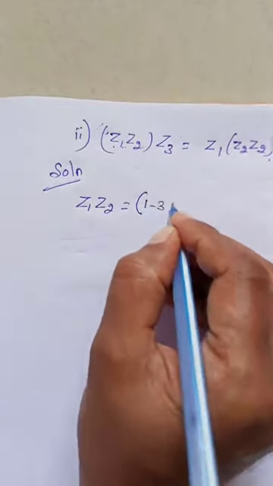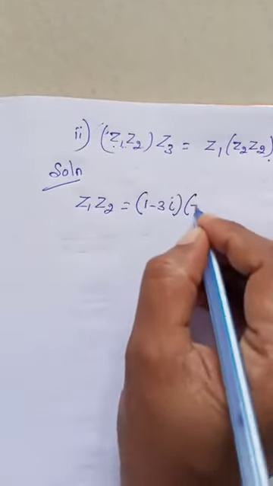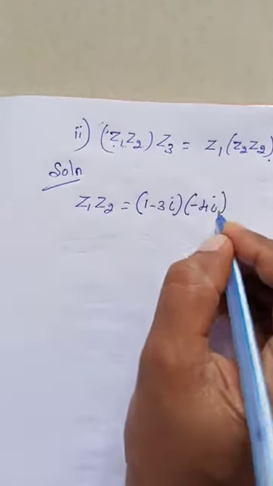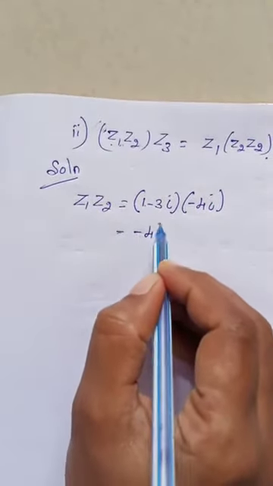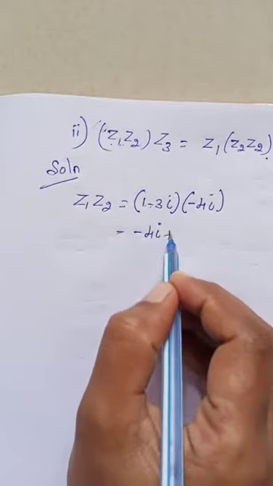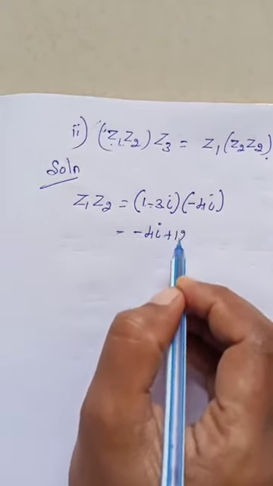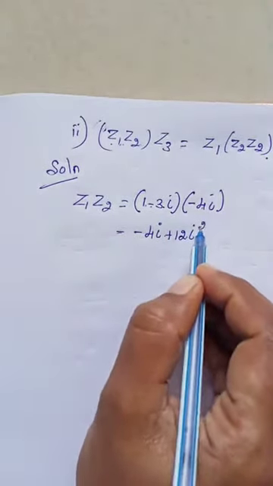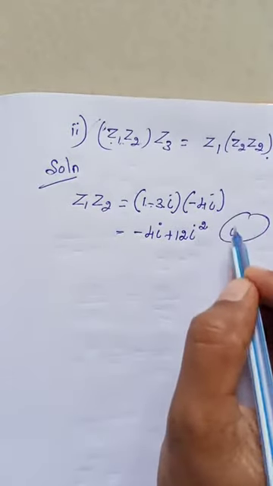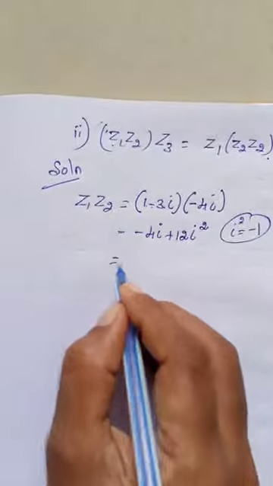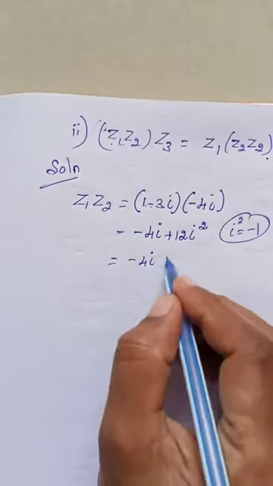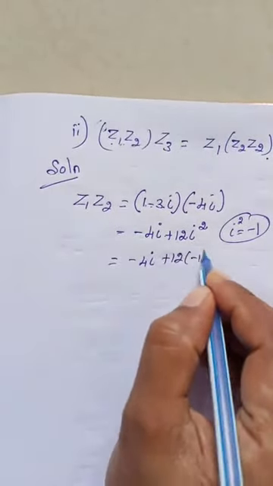Z1 is 1 minus 3i into Z2 which is minus 4i. Shall we multiply? 1 into minus 4i is minus 4i. Minus into minus is plus, 3 into 4 is 12, and i into i is i square. We know the value of i square is minus 1. So minus 4i plus 12 into minus 1.